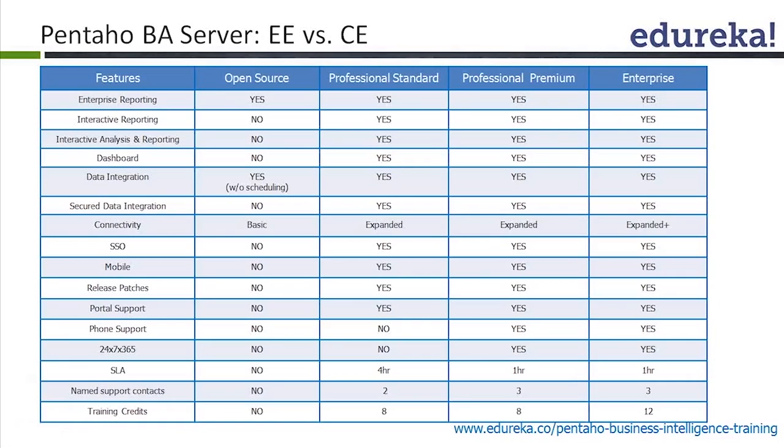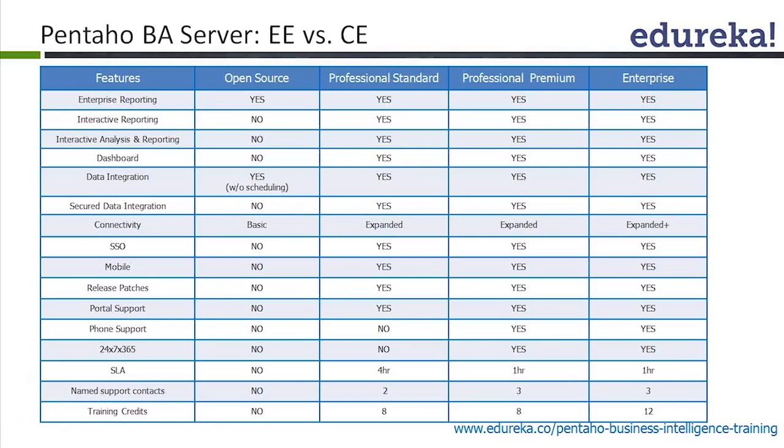Connectivity, it has basic connectivity features. E version has expanded connectivity features, here more in terms of ease of use. Otherwise, whatever adapters, connectors are available, they are available in both editions.